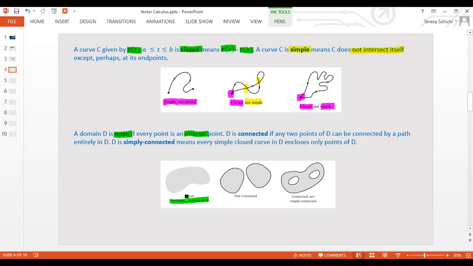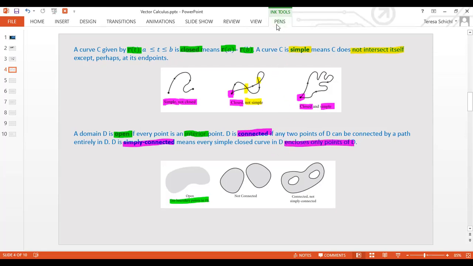The next important definition is connected. What does connected mean? It means any two points can be connected by a path entirely inside D. And simply connected means every simple closed curve in D encloses only points of D.